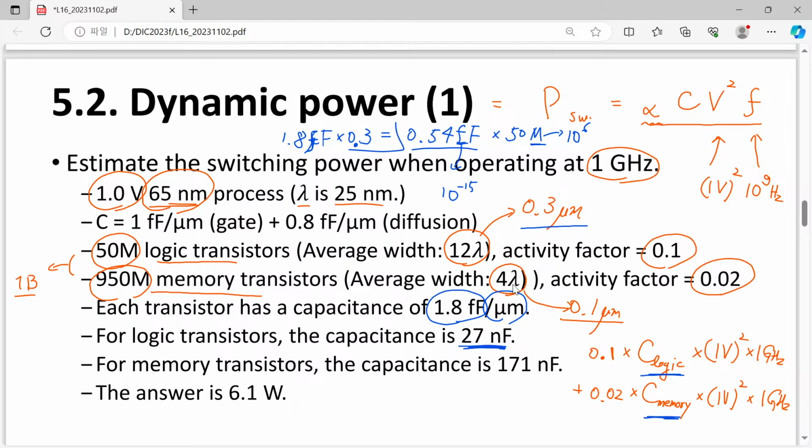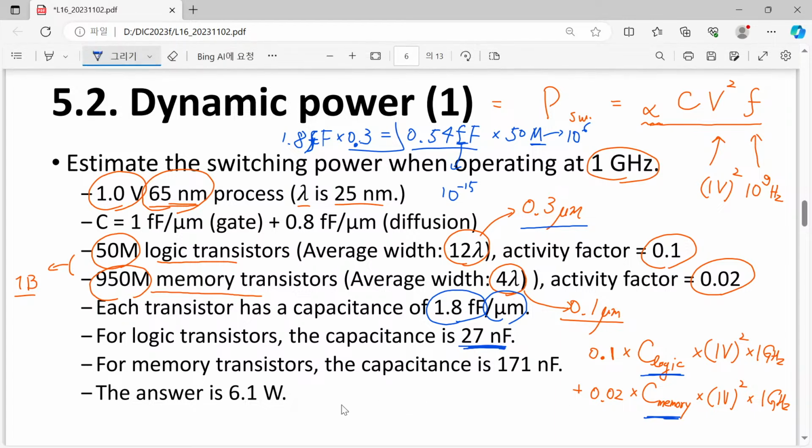So you can follow a similar calculation, because now we have just 0.1 micrometer for our memory transistor, so we will have 0.18 femtofarad for each memory transistor. And how many memory transistors are there?